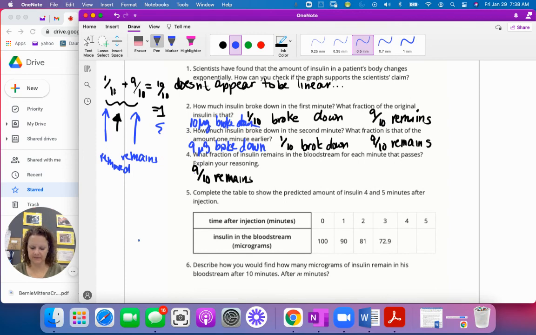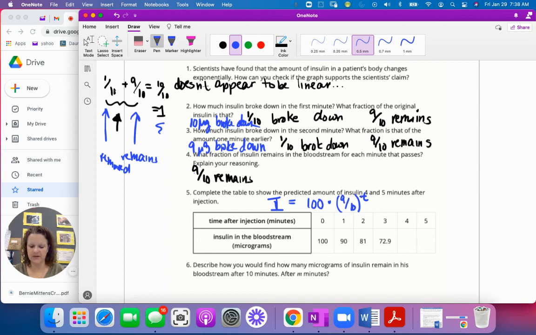Complete the table. So we're doing how much remains. So our equation is going to be insulin equals initial amount times how much remains raised to the time. Okay? So I always test out my equation. I can do 100 times 9/10 raised to the 0 power.